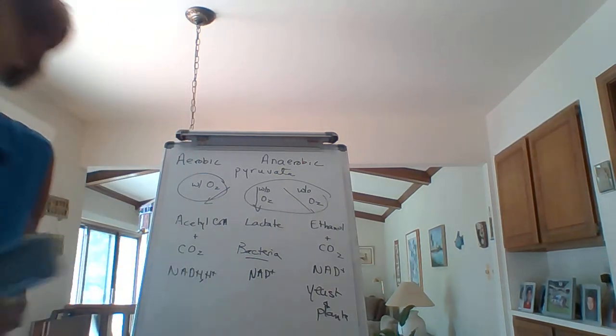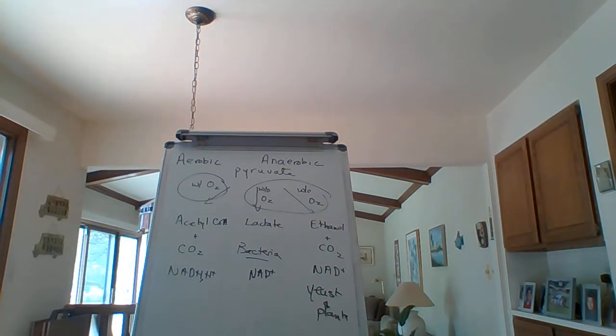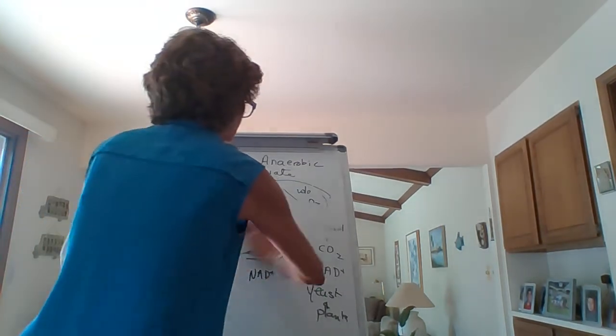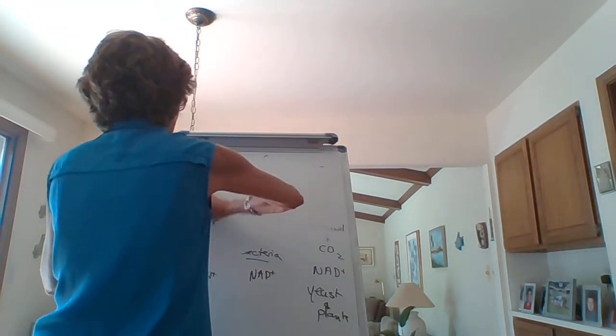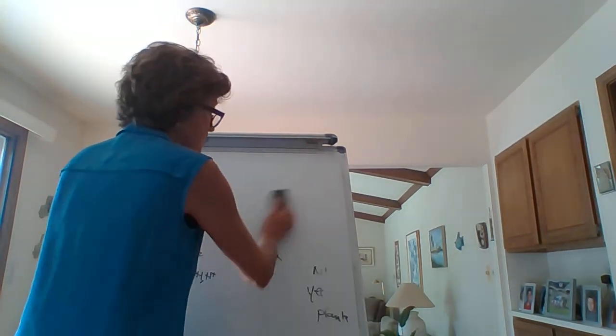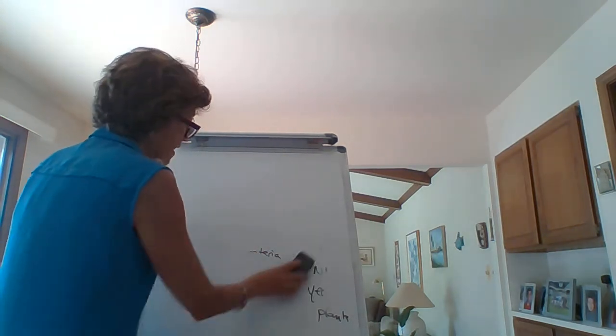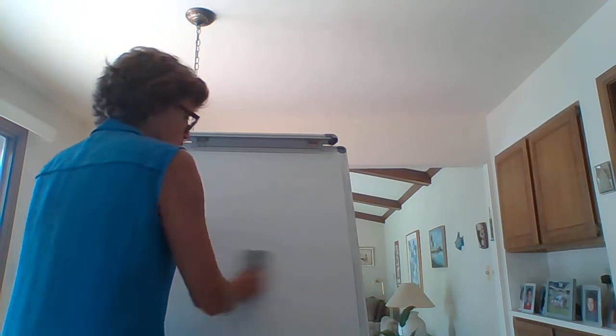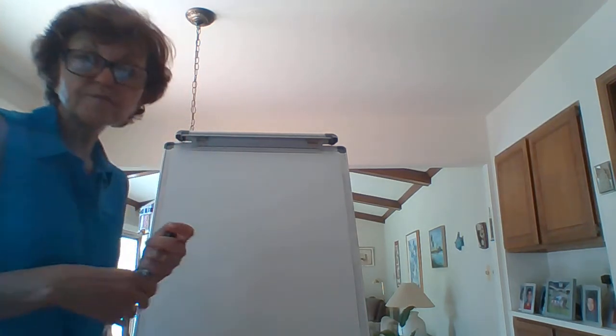And now I think we're almost done. Okay, so let me give you the definitions of these terms, and then I think we are all set for carbohydrate metabolism, and then we can get into biochemical energetics, how your body makes the rest of the ATP, because so far we've only made two, remember? Just two.